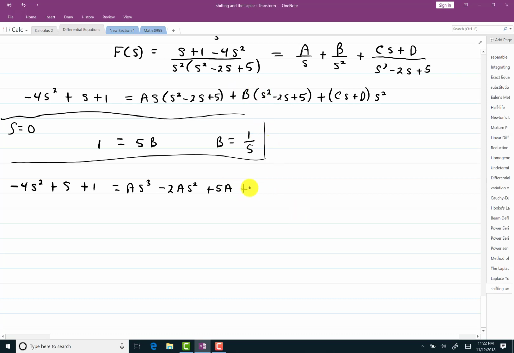So I have plus 1/5 s squared minus 2/5 s plus 1. And then over here I'll have plus cs cubed plus ds squared. Now, what I'm going to do is go ahead and take this stuff over here that I already know and subtract it off to the other side.